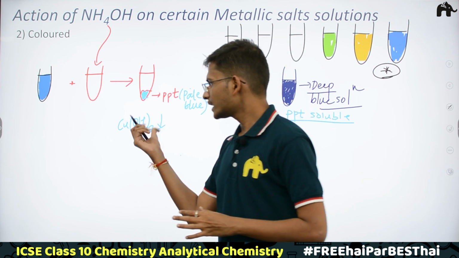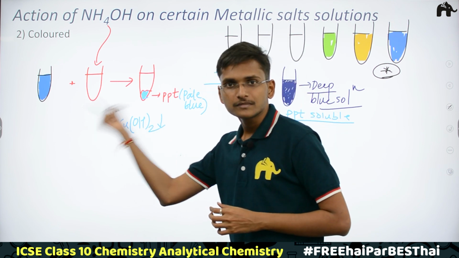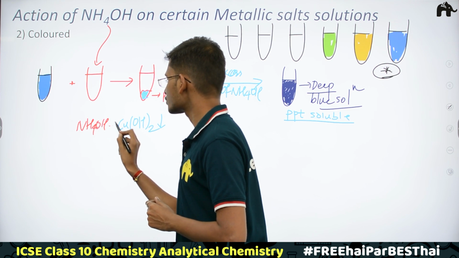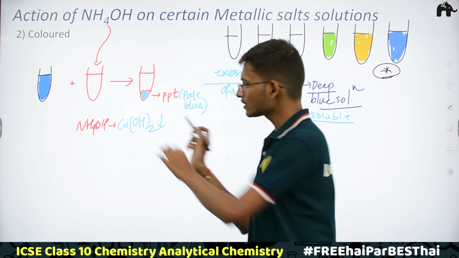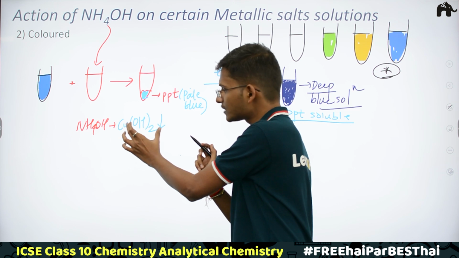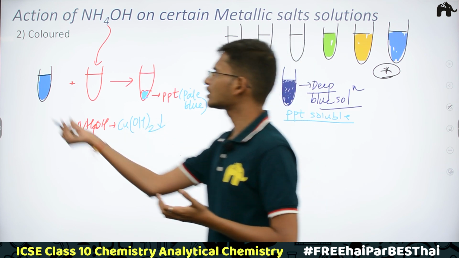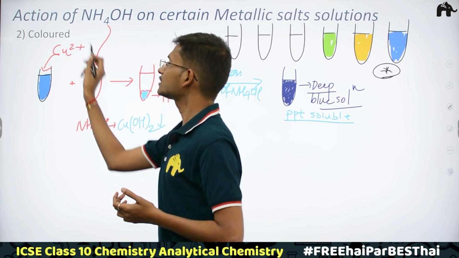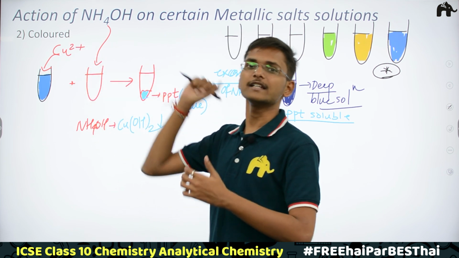Now we already know that the OH minus ions are coming from ammonium hydroxide, right? So from where would the Cu2 plus ions of this copper hydroxide precipitate come? Very simple, from the metallic salt solution. So this means that Cu2 plus ions are present in this metallic salt solution.